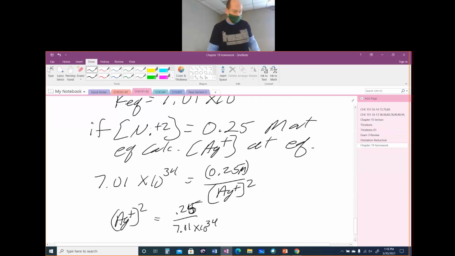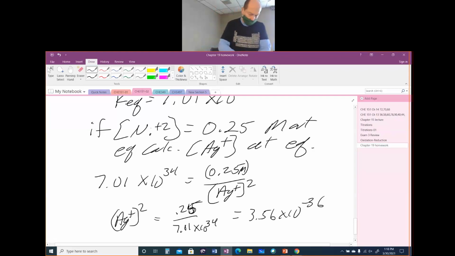All right, and so now you take your 0.25, divide by your KEQ, the 7.01 times 10 to the 34th. All right, and so when you do that, you get a very small number that is 3.56 times 10 to the negative 36. All right, and we want the square root of that to get our answer.